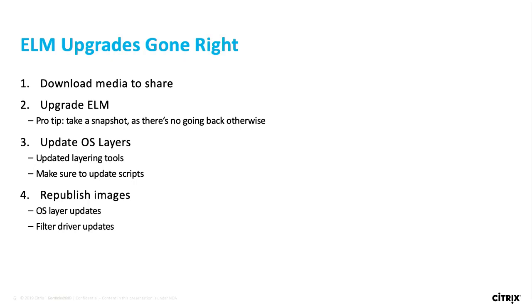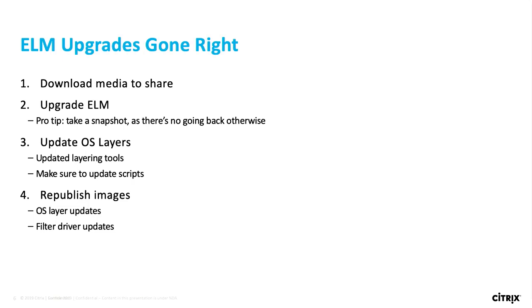So once you've upgraded the ELM, at that point, you should be updating your OS layers because each release of app layering is going to come with updated layering tools, which is really the set of scripts and other utilities that are within the OS.